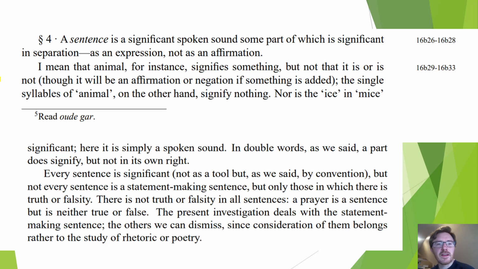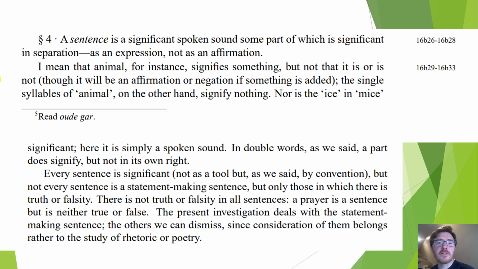Here's a spoken sound that doesn't indicate anything. Doesn't indicate anything at all. But here's a spoken sound that indicates something. The goat stag on the street outside wants a cookie. Right? That's a spoken sound that some part of it is significant in separation. Say goat stag is, cookie is. Even though those parts are not affirmations.